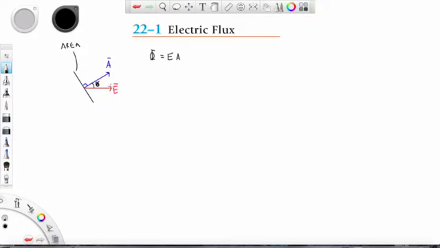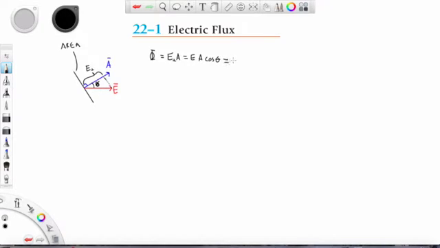In fact, we want the component of the electric field that is parallel to the vector A. So this piece here, E perpendicular to the surface, parallel to A, like this, and the parallel component is obtained by multiplying by cosine theta, as we can see from the figure.